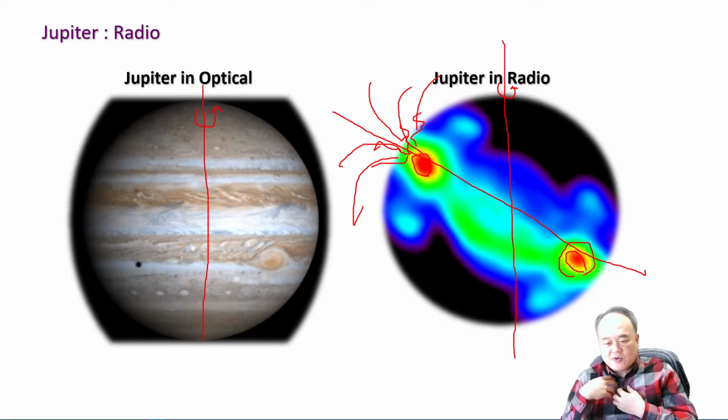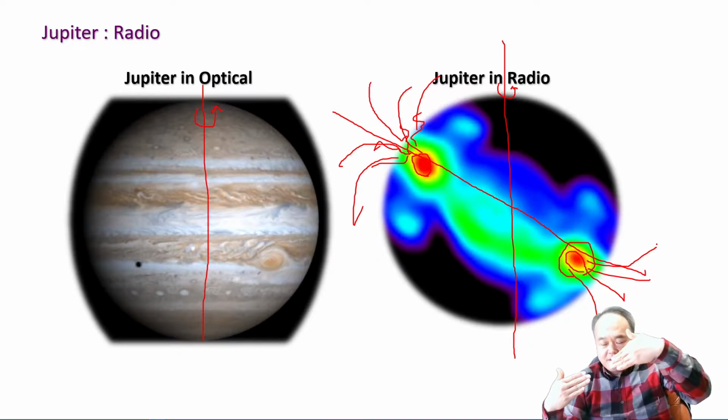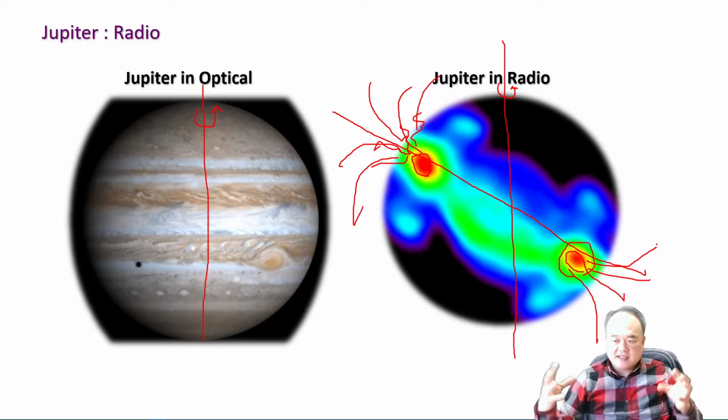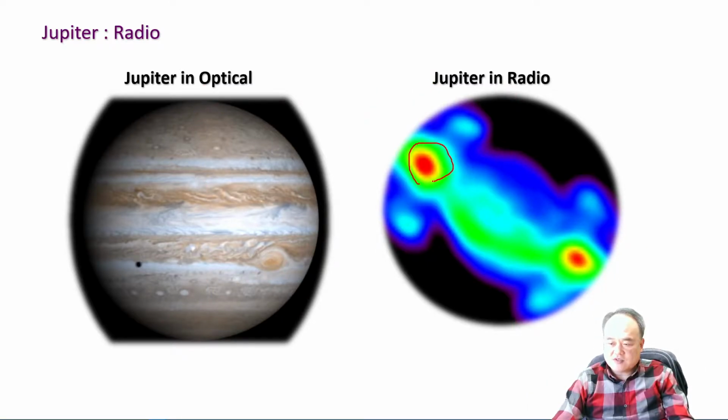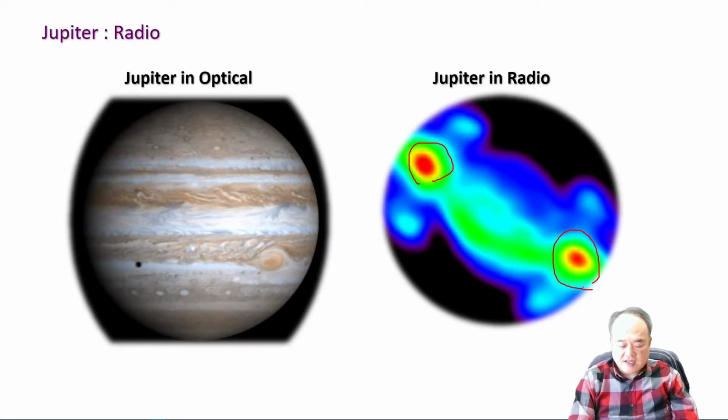In fact, our Earth's magnetic axis is also offset from the spin axis, and every few thousand years the polarity of the magnetic field is somehow flipped for some unknown reason. We believe a similar thing is happening in Jupiter. The magnetic pole is offset from the spin axis, and the polar regions of Jupiter show really concentrated, strong synchrotron radiation in radio.